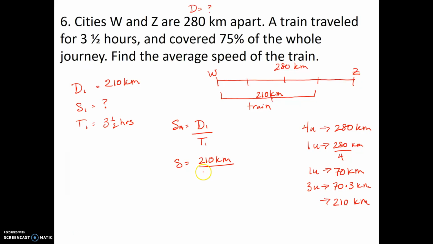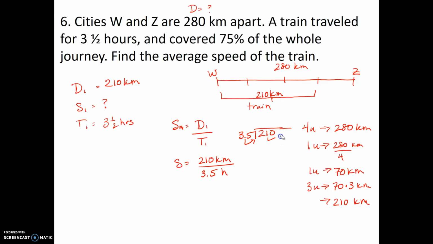You know what? Let's go ahead and just make that a decimal, 3.5, because I think it's going to be a little bit easier to divide by decimals at this point than it will be to divide by fractions, because I know for a fact I haven't taught you that yet. So let's go ahead and divide 210 by 3.5. I do know we need to move that decimal over one place.